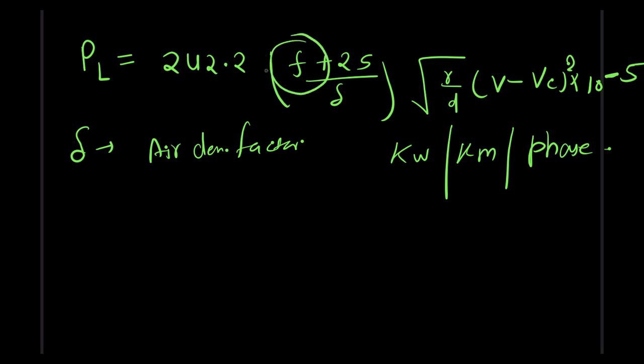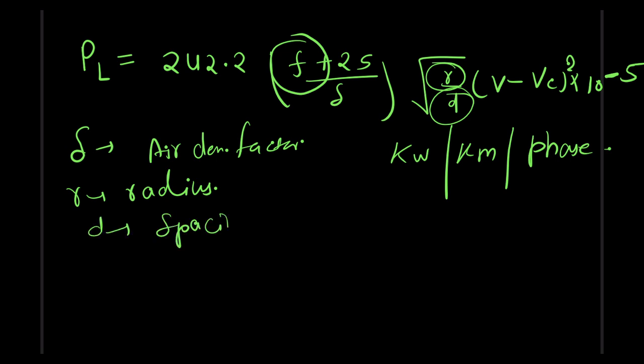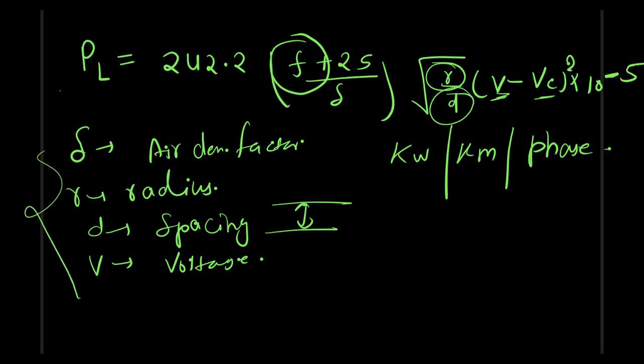This f is the frequency of the line. This r is the radius of the conductor, and the small d is the spacing between two conductors. This V is the voltage level of the transmission line, and this Vc is the critical disruptive voltage. From these values, we can easily calculate PL.